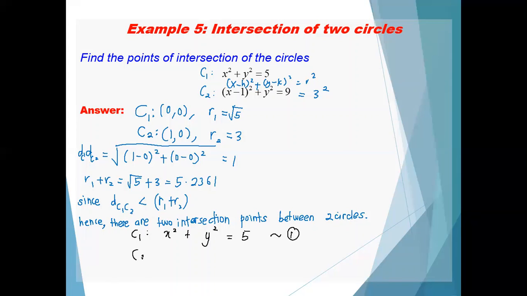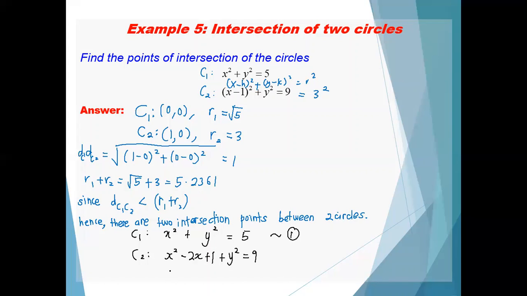Then C2, you expand this one, you get x squared minus 2x plus 1 plus y squared is equal to 9.